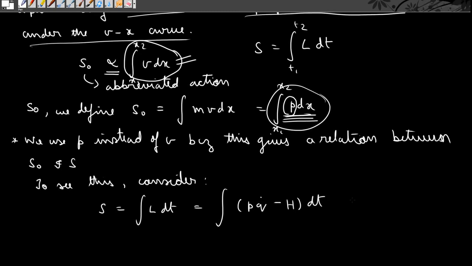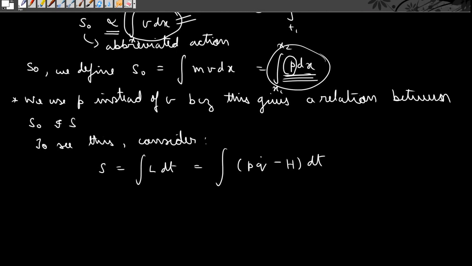This is using the fact that L and H are Legendre transforms of each other. If you do not know what a Legendre transformation is, I recommend you watch the series on the Legendre transform in the maths playlist. If you already know, you don't have to worry, we can just move forward.